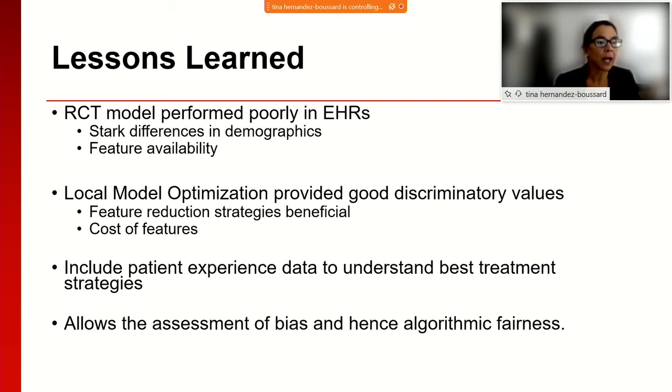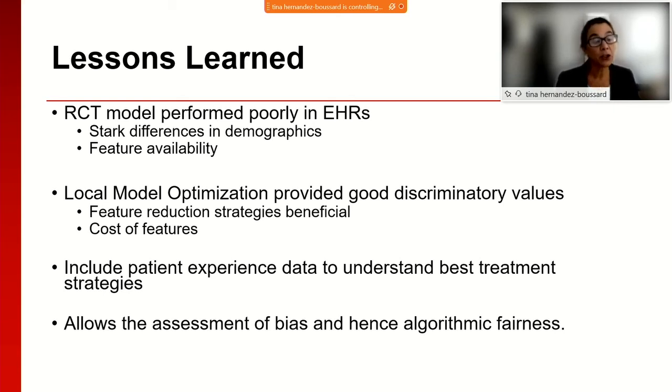Randomized controlled trials often perform poorly in our EHRs, and we found that there were stark differences in demographics and also in the features used in the model. However, we were able to perform local model optimization to provide good discriminatory values. It's important to think about the cost of features that are included in this model.